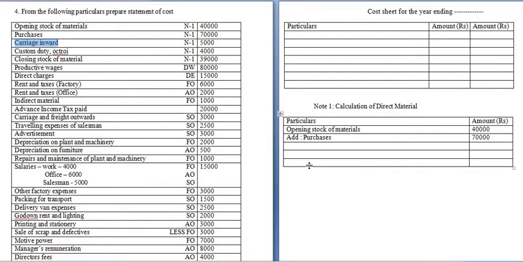Write down carriage inward. Okay, amount is how much? 5,000. Custom duty octroi.